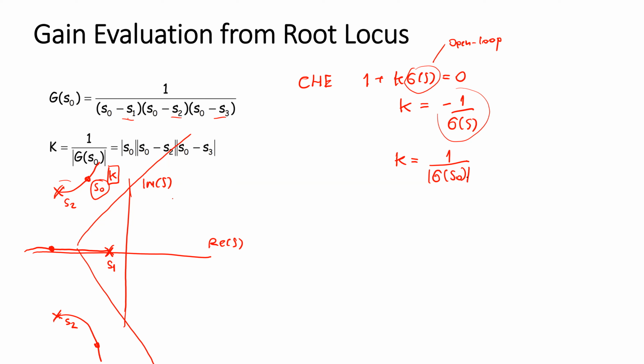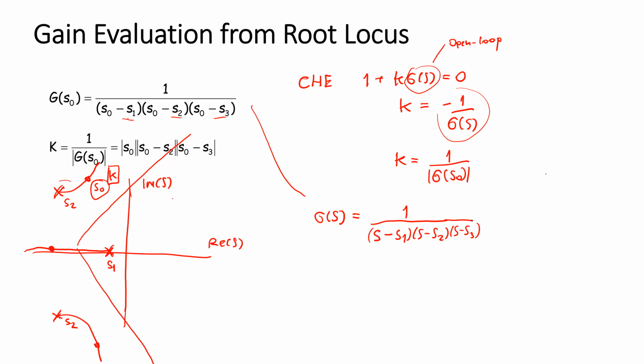What does it mean by 1 over G(s0)? Actually, the transfer function G(s) can be something like (s minus s1)(s minus s2)(s minus s3).